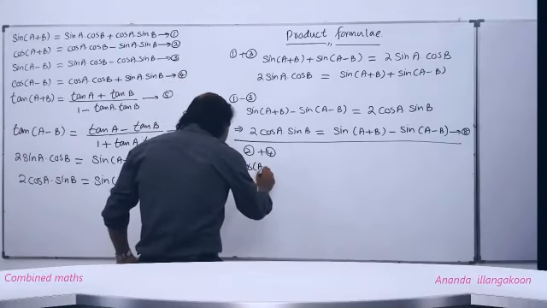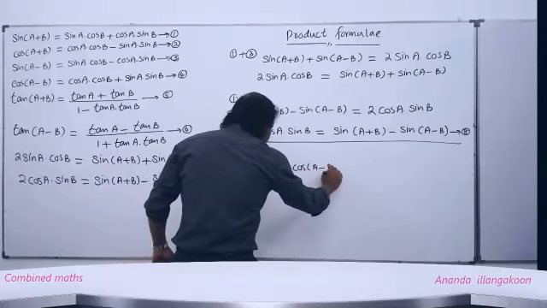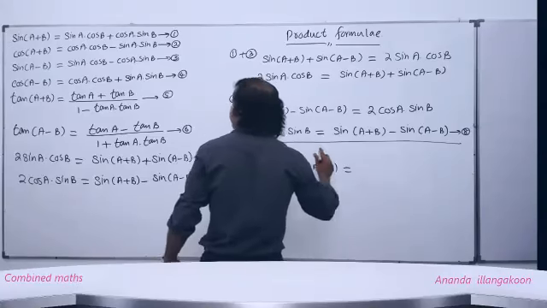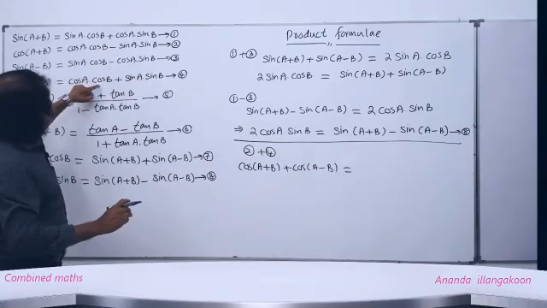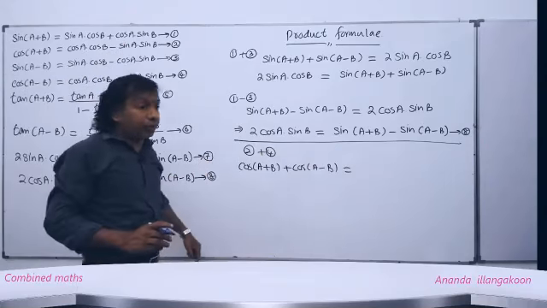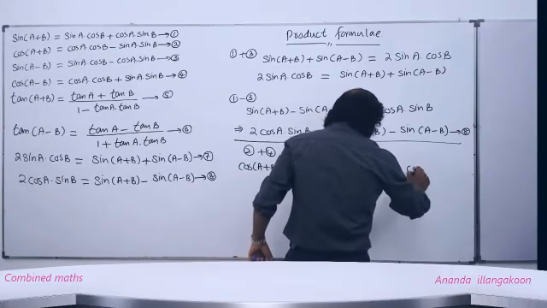So then we get cos A plus B plus cos A minus B, which will be equal to, people, what? Cos A cos B and cos A cos B, when we add, 2 cos A cos B comes out.